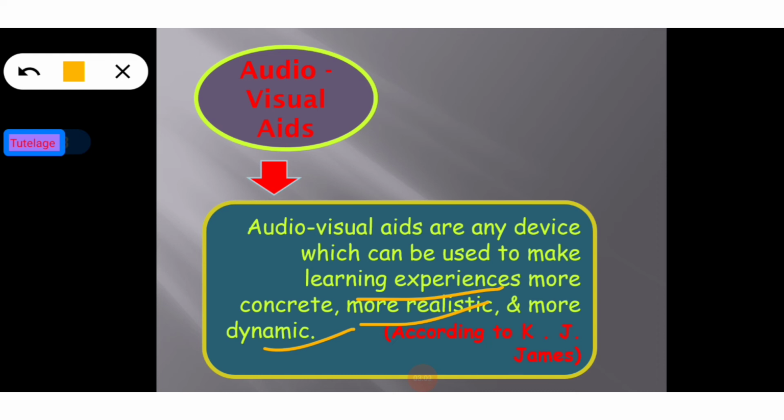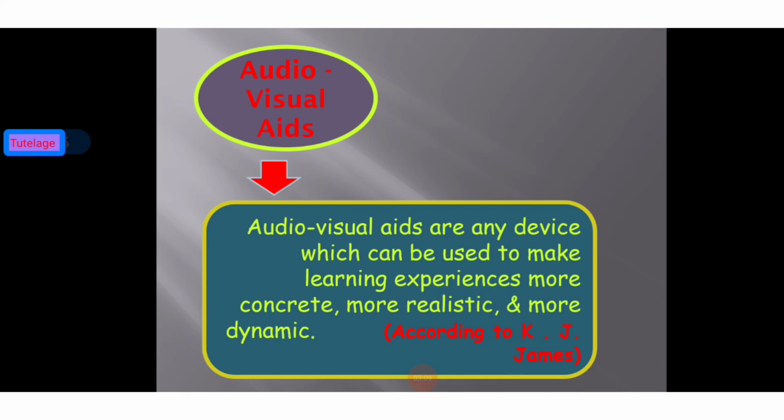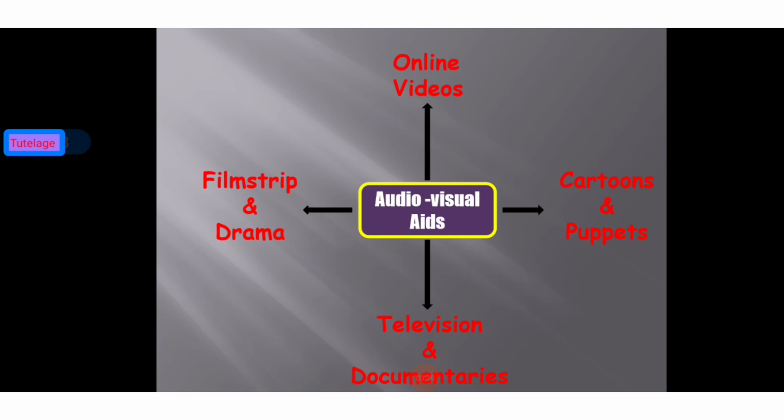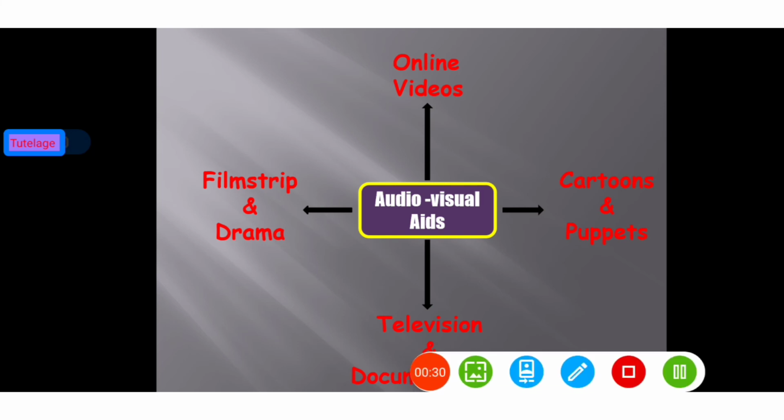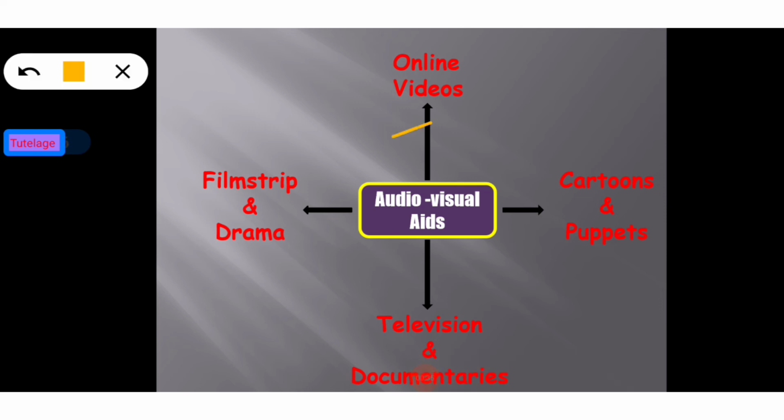Okay, so now going to the examples of audio-visual aids. First example is online videos. We already know online videos are one of the most important and popular things nowadays. Like TV channels, they can be created on YouTube or other platforms.